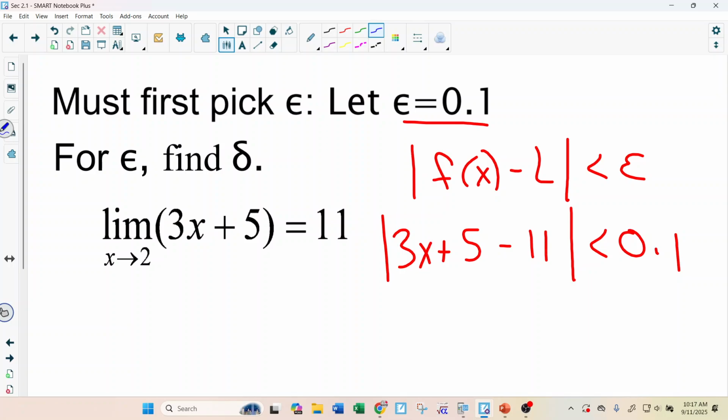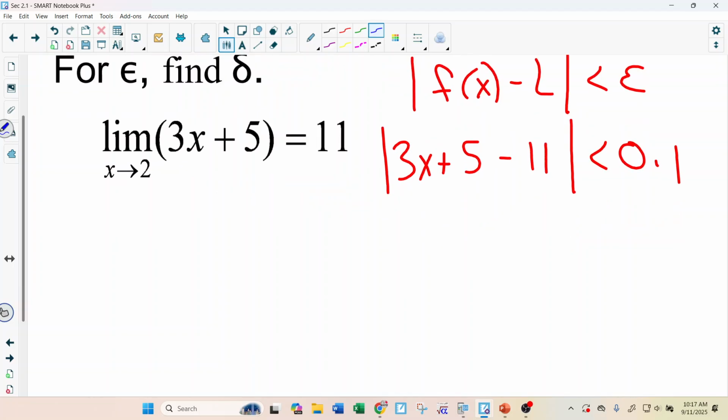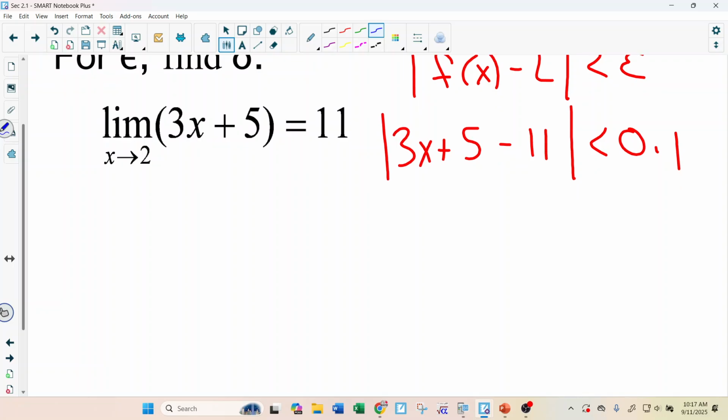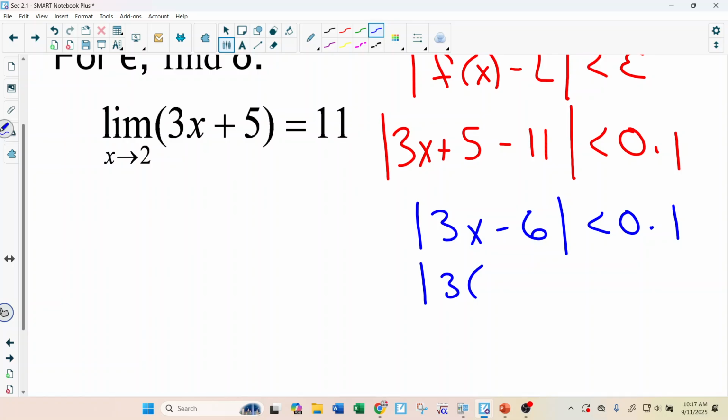Now I'm just going to do this one first, and then as we go through, I'll tell you how you know what to do, but let me show you what I'm going to do here. This then becomes 3x minus 6. I'm going to factor out the 3. Like I said, stay with me here and I'll show you why we did this.